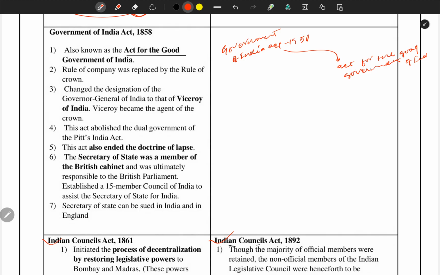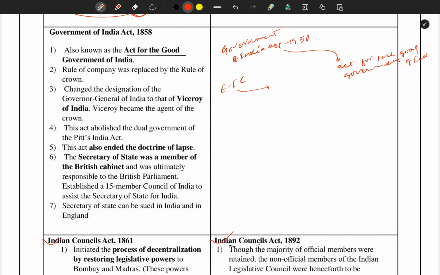And what happened? The rule of the Company was replaced by the rule of the Crown. As we know, the East India Company came to India for trade purposes, but later it became a ruling company. It started ruling over Indian territories.